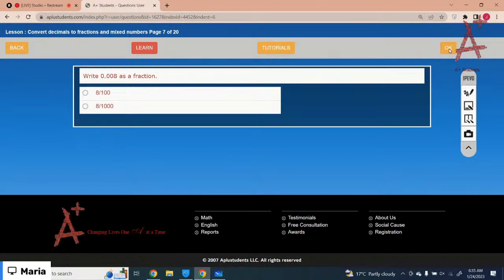So which is the correct option? Yes, it is 8 divided by 1000.